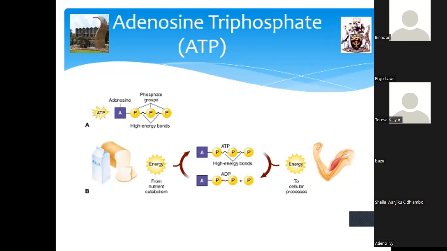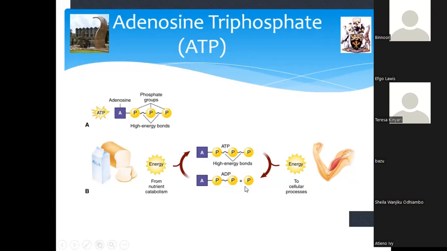So when we have a breakdown of the high energy bonds, when ATP loses a phosphate bond, then it becomes ADP, and it goes back to pick up another phosphate bond from the energy producing carbohydrates. And this is important for the cellular processes.